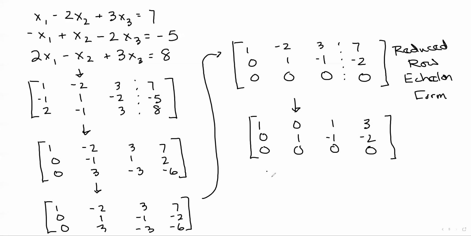Okay, now that we've done that, we can go through and translate it back. So you're going to get x1, and then 0x2 plus x3 equals 3. The dashed line still is where the equals goes. For the second row, we've got x2 minus x3 equals -2.